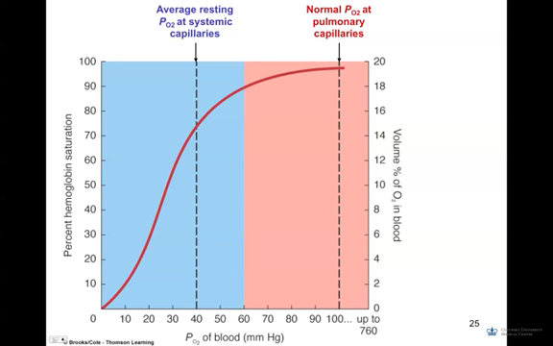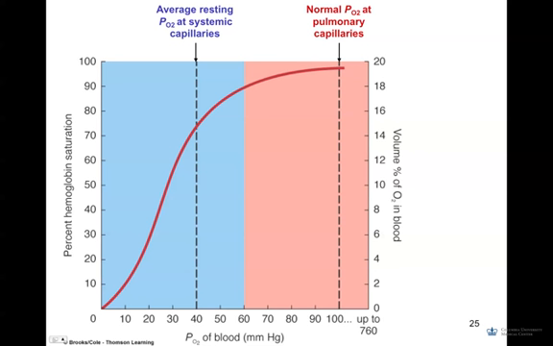If we went from a PO2 of 40 to a PO2 of 30, you're talking about going from a hemoglobin saturation of, let's say, 75 to a hemoglobin saturation of 60. So you're talking about hemoglobin letting go of a significant amount of oxygen, even for small changes in PO2.